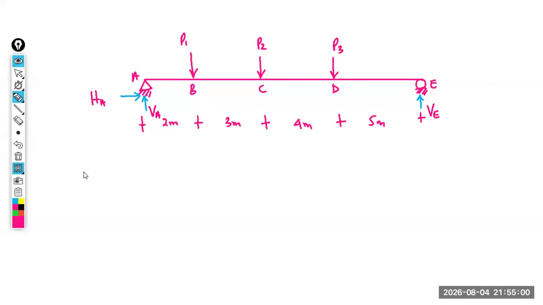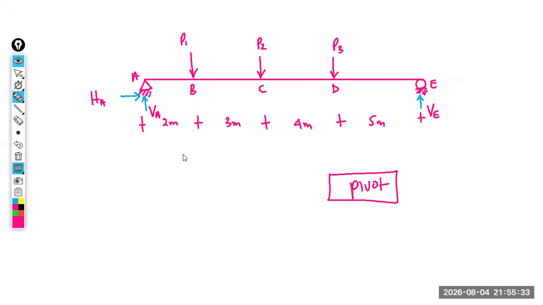Now, if you want to calculate reactions, you first need to be able to decide on what we call pivot. Okay? If you pick the pivot, you can't establish two pivots at the same time. You can only establish one at a time.